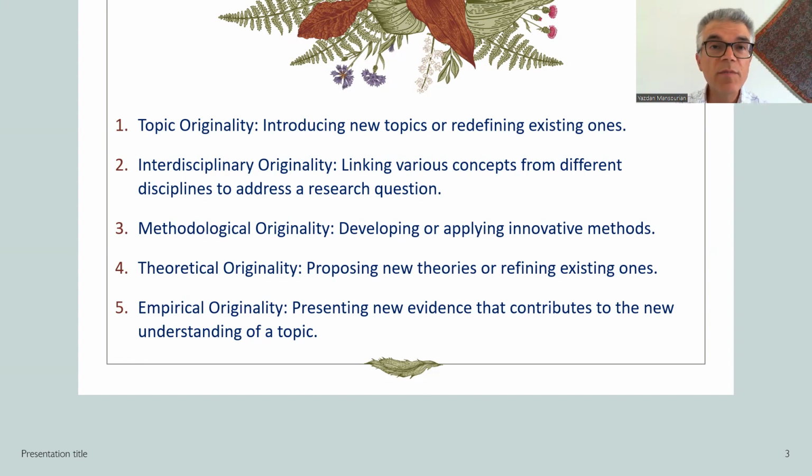So it might be papers about the same topic, but you have new evidence to either support the existing knowledge or challenge it, or you can compare the result. In either case, in empirical originality, your research is original because of the fresh, new evidence that you are presenting.